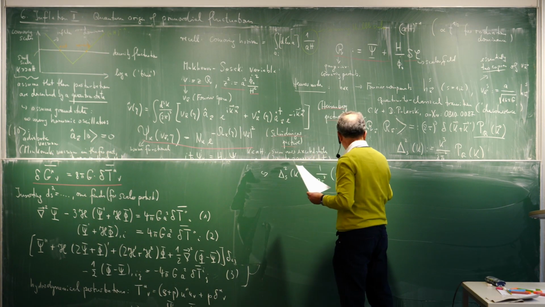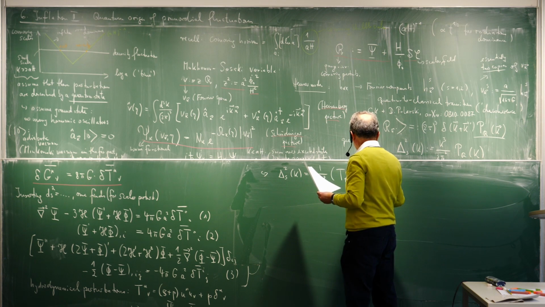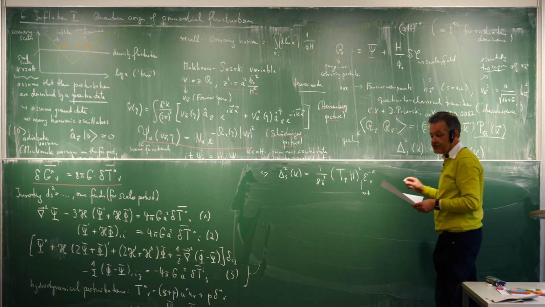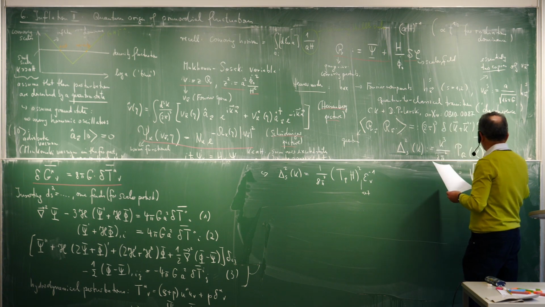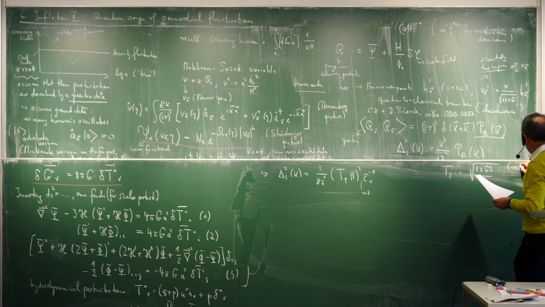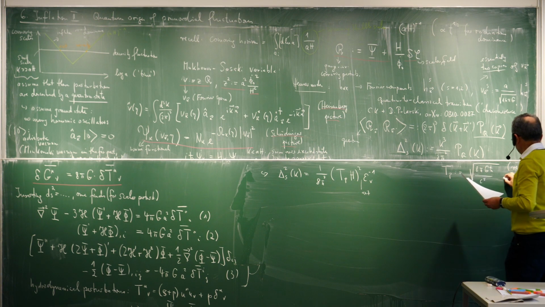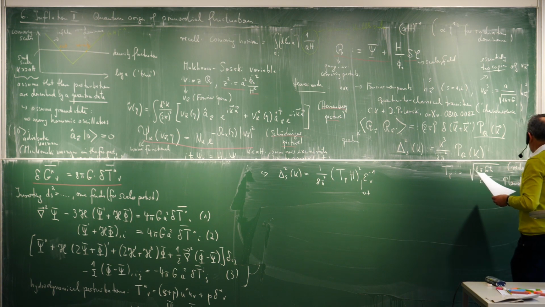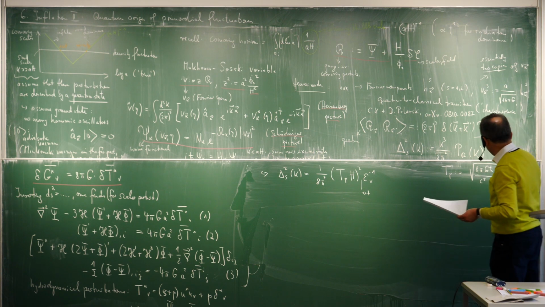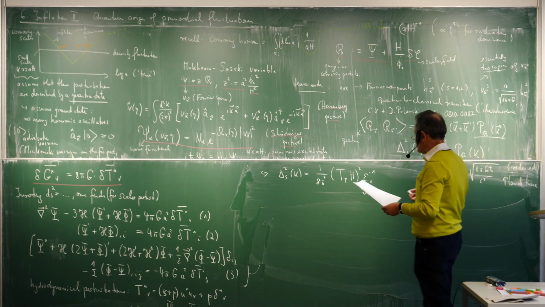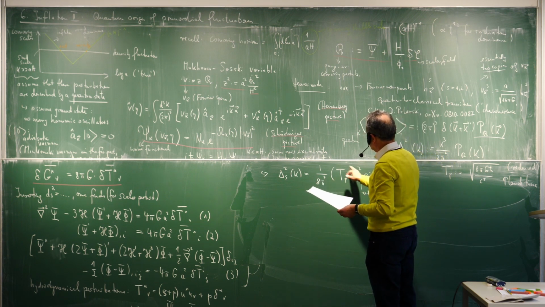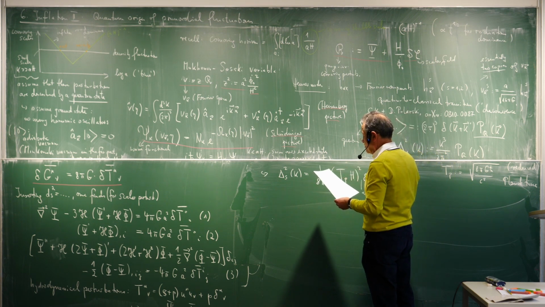And t_P is the so-called reduced Planck time, the square root of 8 pi G hbar over c to the 5. Actually a scale from quantum gravity, very small, of the order 10 to the minus 44 seconds. H has dimension 1 over time, so this here is dimensionless.